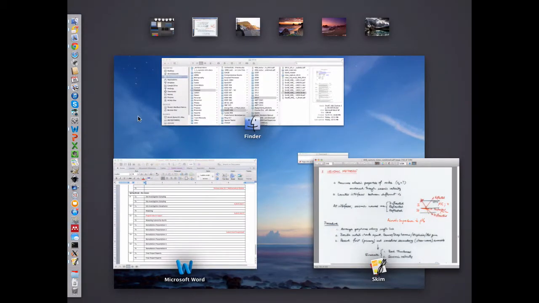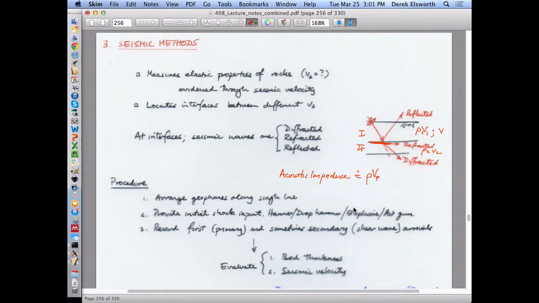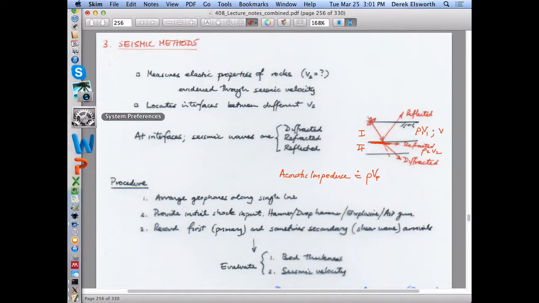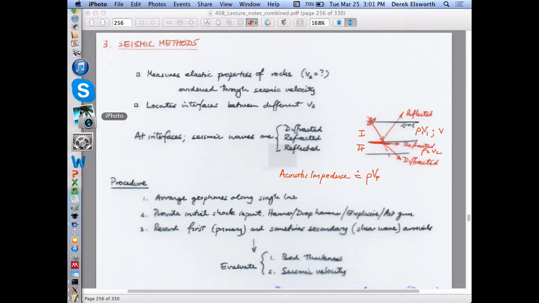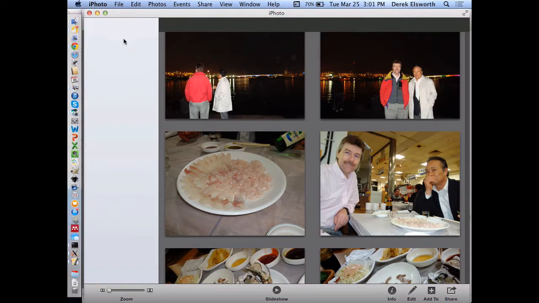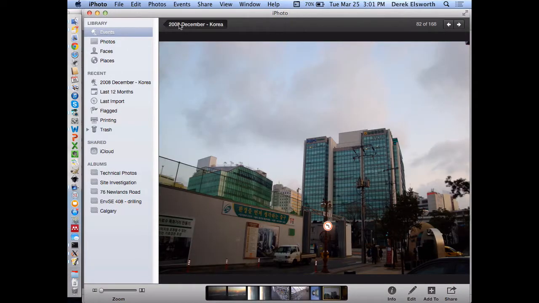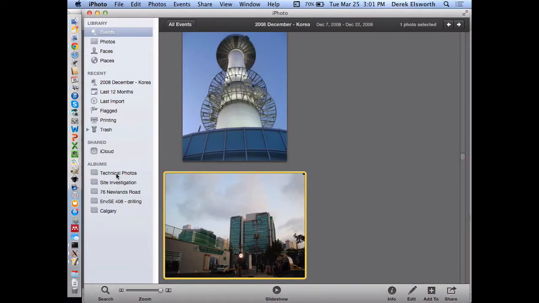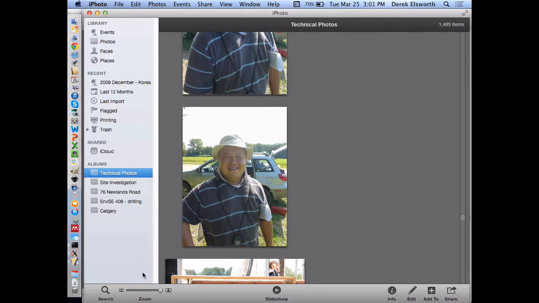I don't know, actually it screwed us up last time, so I don't know whether I should do that or not. Well, let's give it a try. Let's look at something else. So I was looking at these technical photos. Did I make this large?